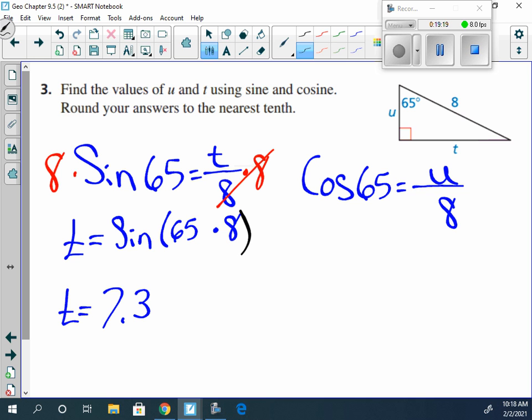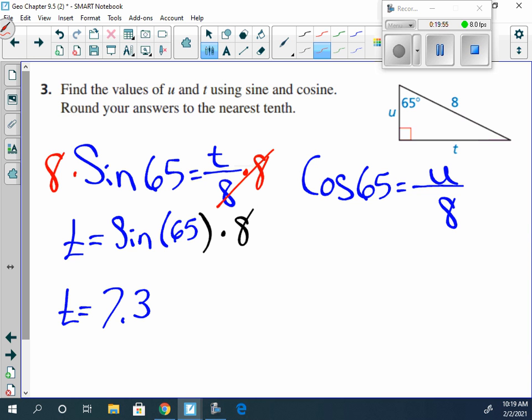Well, that's not what we want. So is it wrong to put the 8 last? No. You just got to make sure you close those parentheses. But as long as you type it in as 65, because you can edit what you had just typed in, put a parentheses before the 8, and it'll change it back to 7.3. So if you put a number after it, you need to make sure sine, that angle, has parentheses around it, otherwise it will give you the wrong value. Okay.